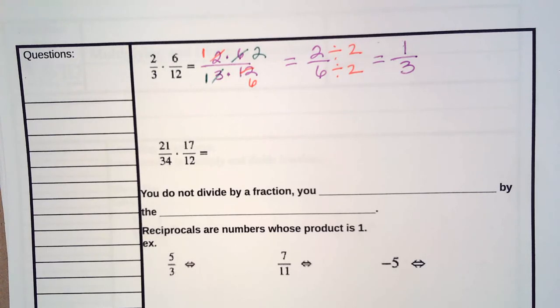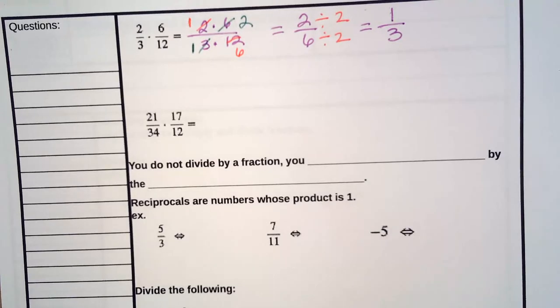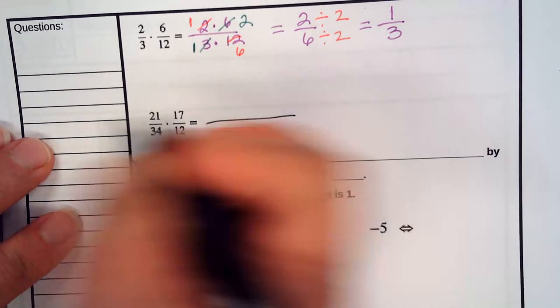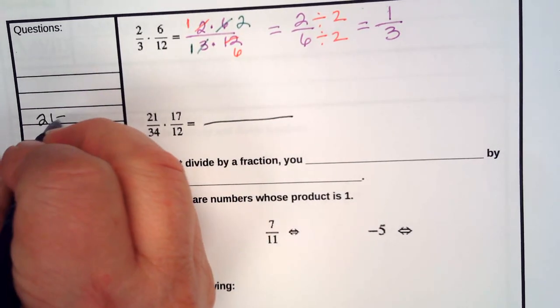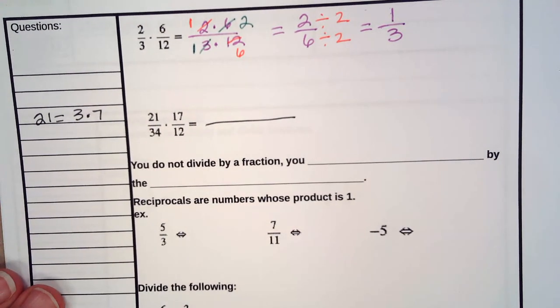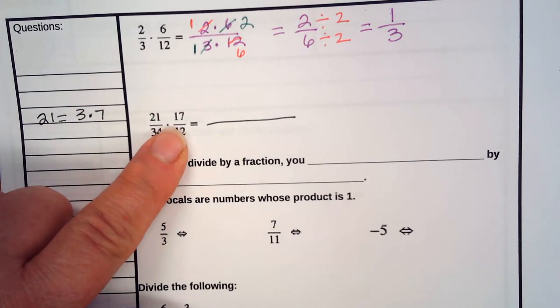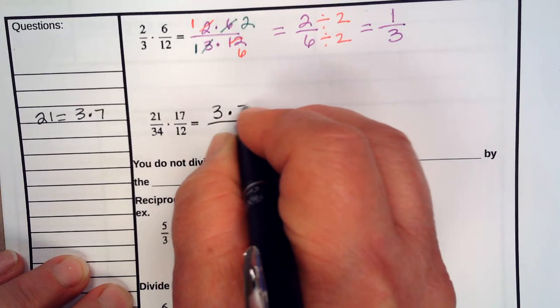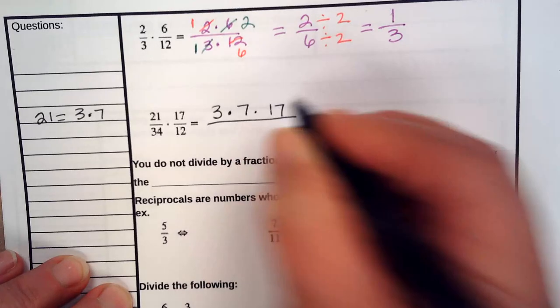Okay, what about the next one? Well, let's start thinking about the factors of 21. The factors of 21 are 3 times 7. 17 is prime. So I'll have 3 times 7 times 17.